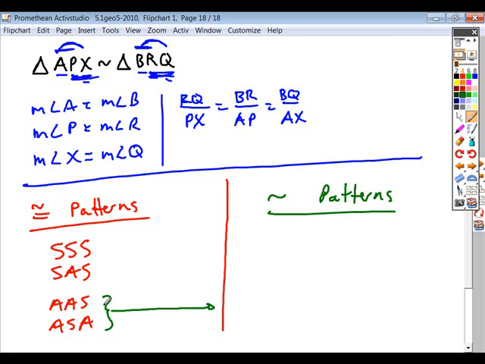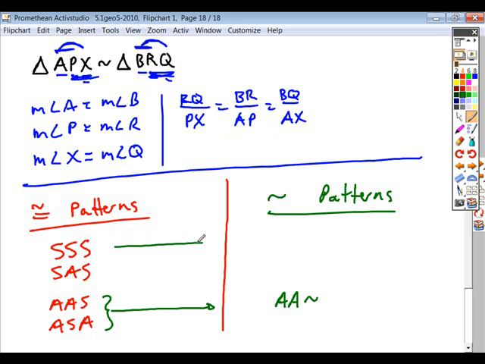They each have two angles. So one of the similarity patterns is AA similarity. As long as you have two triangles with two pairs of angles that correspond and are equal, then you have similar triangles. That means all these other relationships up here would also be true.